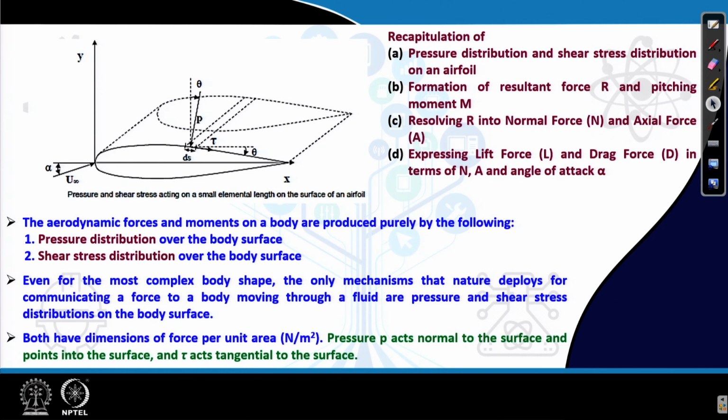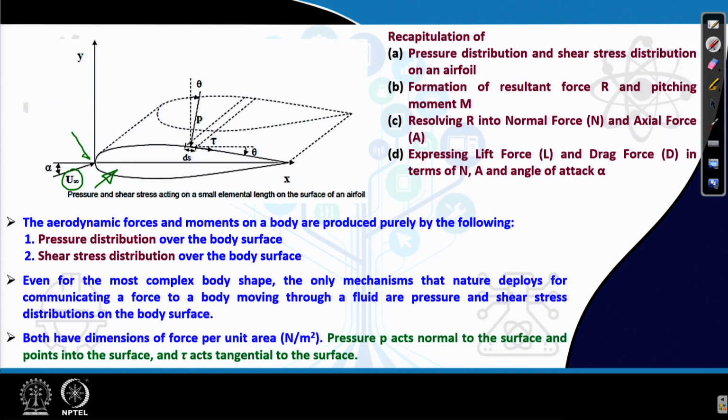We will briefly recapitulate this diagram, which we have seen in an earlier lecture, where you can see that there is an airfoil section and it is facing the airstream u infinity at an angle of attack alpha.